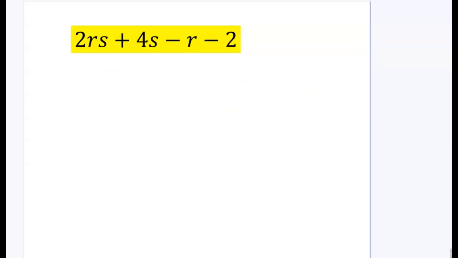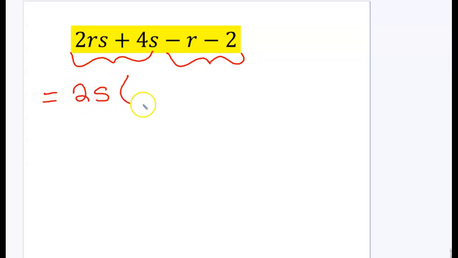Okay, in this particular question, again, I'm going to factor by grouping. Again, grouping the first 2, grouping the last 2. And I'm going to factor a 2s out of the first two terms, and I'll be left with r plus 2. And we have to do some deductive reasoning here. I have to figure out what can I factor out of these two terms so that what's left in my brackets after I factor is going to be r plus 2.